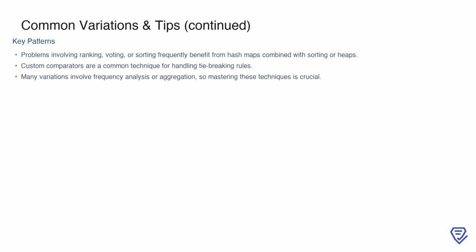These comparators allow you to define specific criteria for sorting when elements share the same primary score. Finally, many variations of this problem require frequency analysis or aggregation, so becoming proficient with these techniques is essential. By recognizing and practicing these patterns, you'll be well equipped to tackle similar problems in the future.